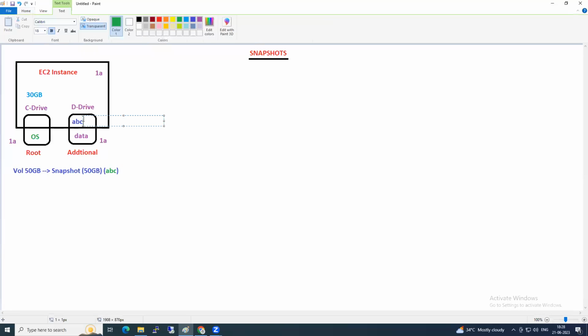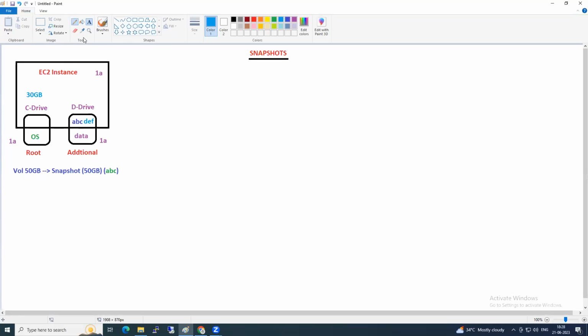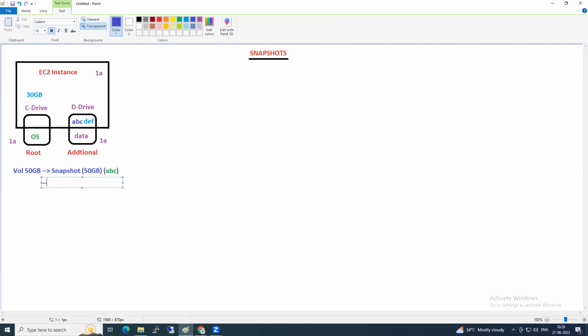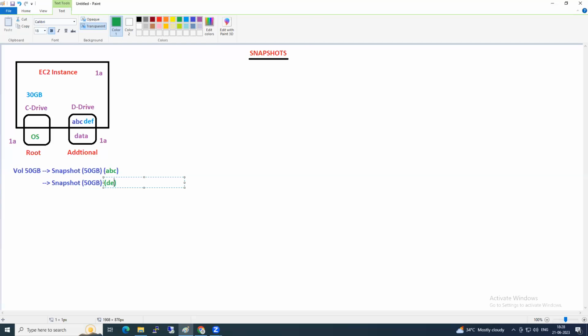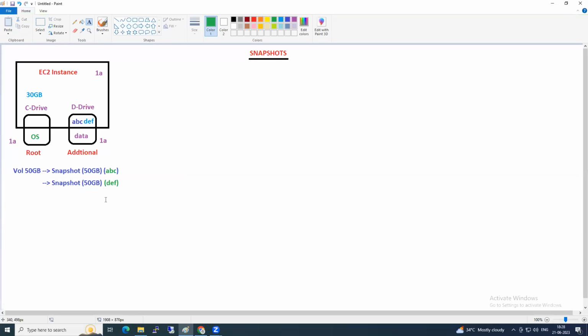Now someone added DF. Will that automatically be taken into the snapshot? No. You need to take another snapshot, just like our backups. That snapshot also contains 50 GB, which contains DF. But if you keep on modifying this, what is your original volume size? 50 GB.